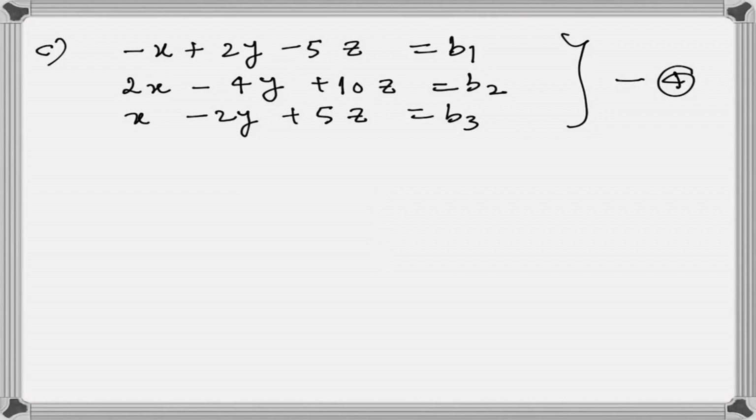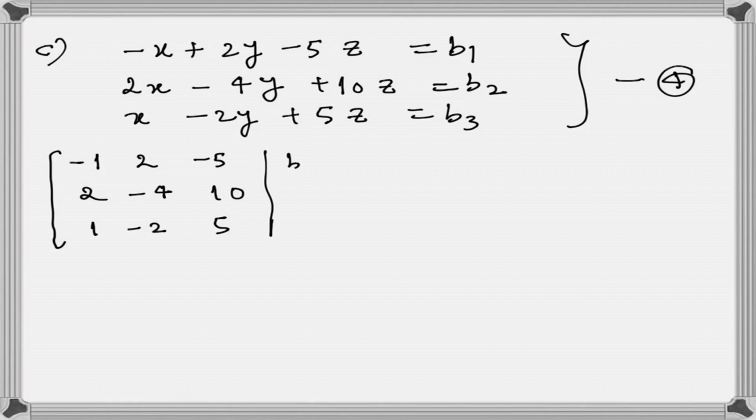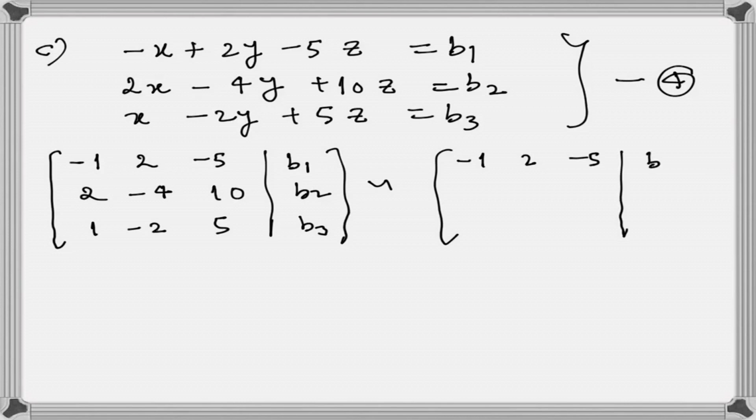Let's consider the augmented matrix for this system: 1, 2, minus 5; 2, minus 4, 10; 1, minus 2, 5; and b1, b2, b3. Let's reduce this. We'll just take 1, 2, minus 5 and b1.